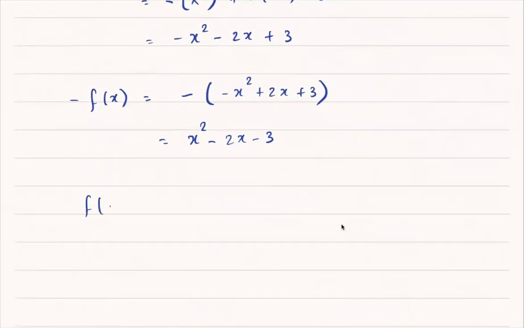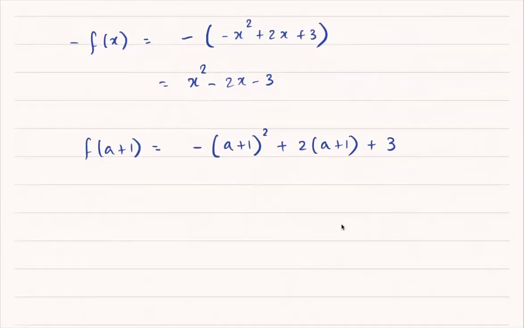So f of a plus 1. So again, wherever I see x, I'm going to replace it with a plus 1. Right? And then I'm just going to expand this expression. That's it. So here, one of the biggest mistakes that you might be tempted to commit is writing a plus 1 the whole squared as a squared plus 1.